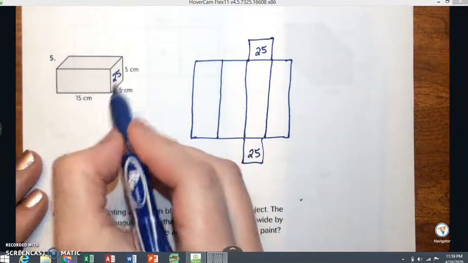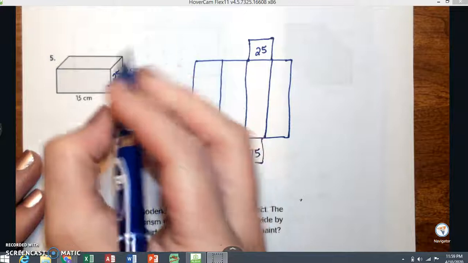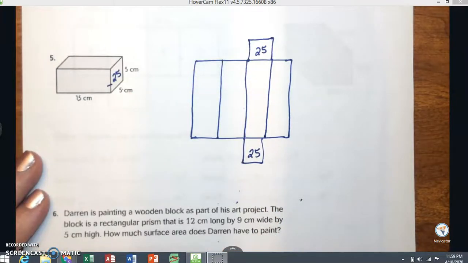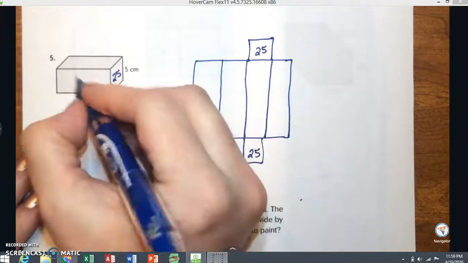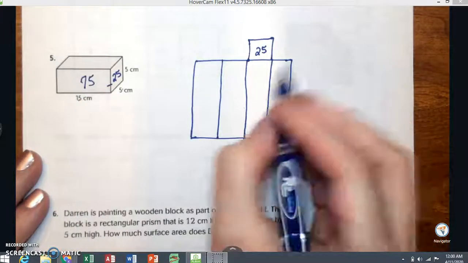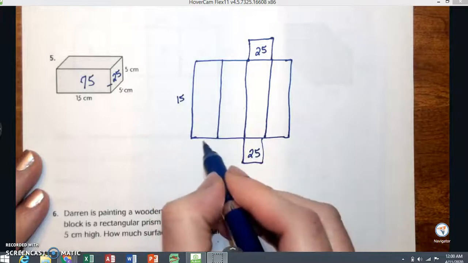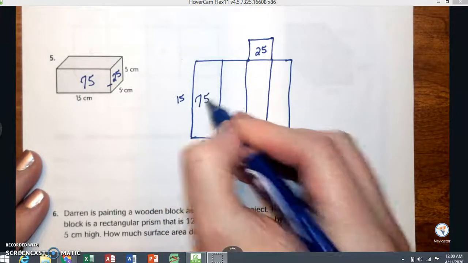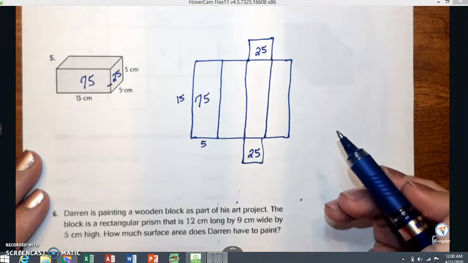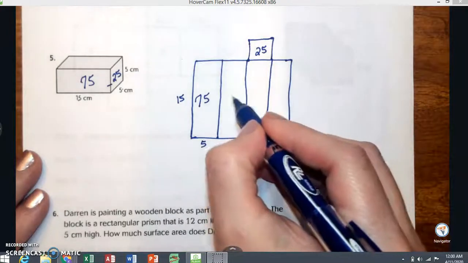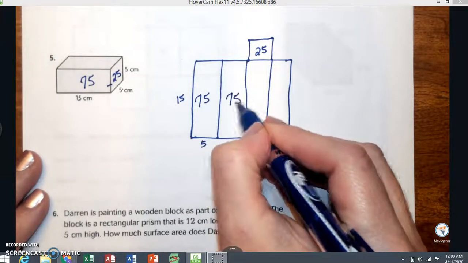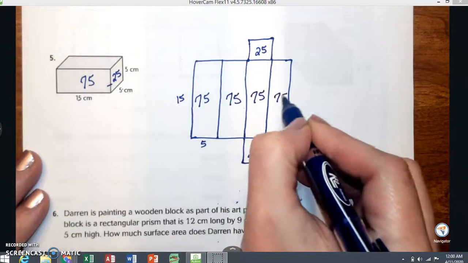So right here, I'd have to say 5 times 15, which is 75. So this was the 15, this was the 5. So that means that all the way across, it's going to be 75.